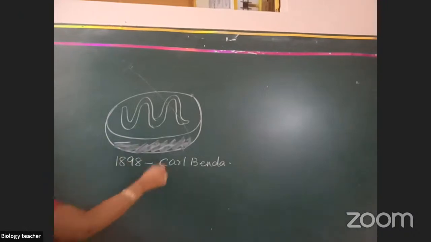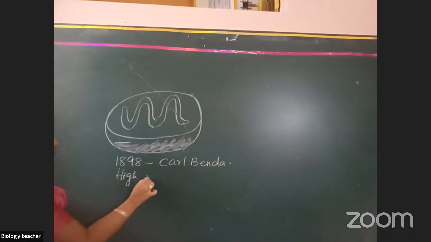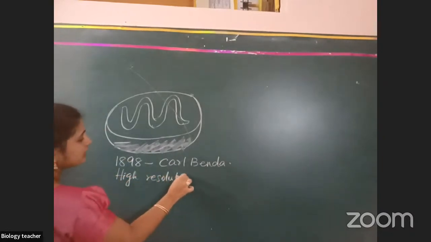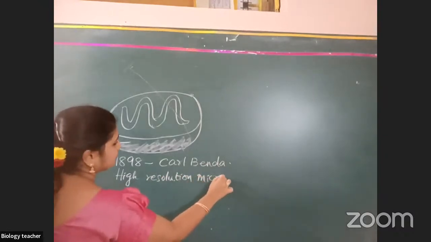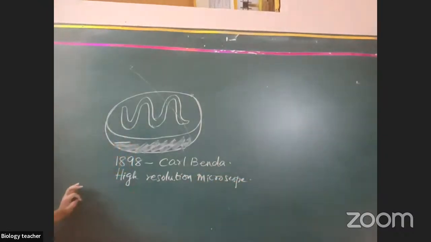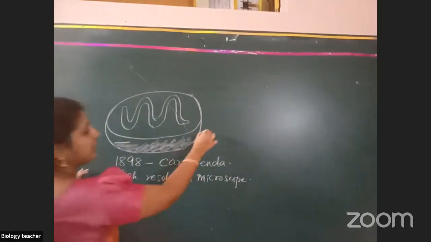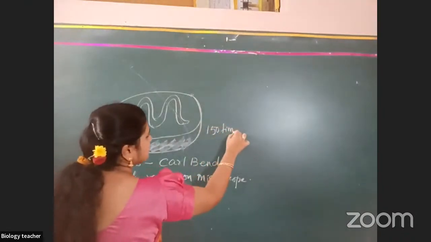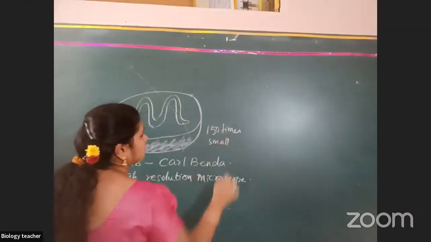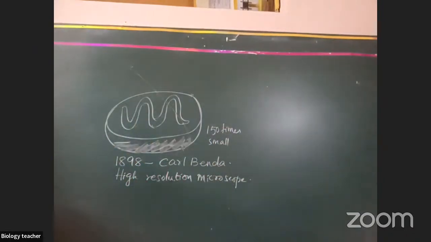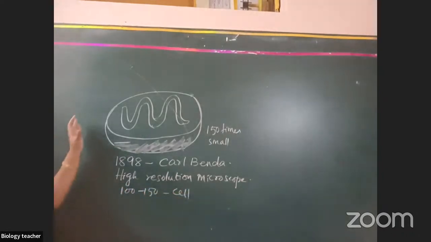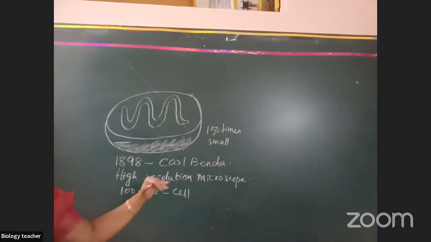We can see the mitochondria in a high resolution microscope. When compared with the nucleus, it is 150 times smaller. So how many can we expect? About 100 to 150 in each cell.